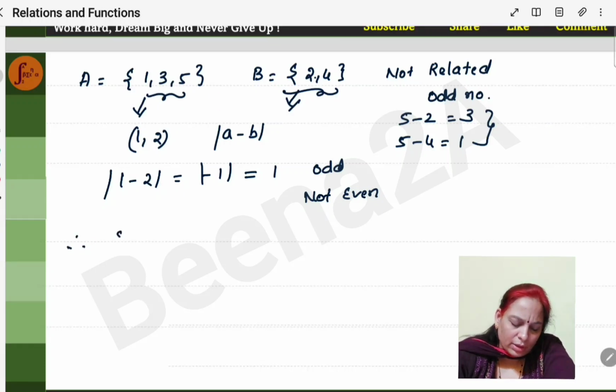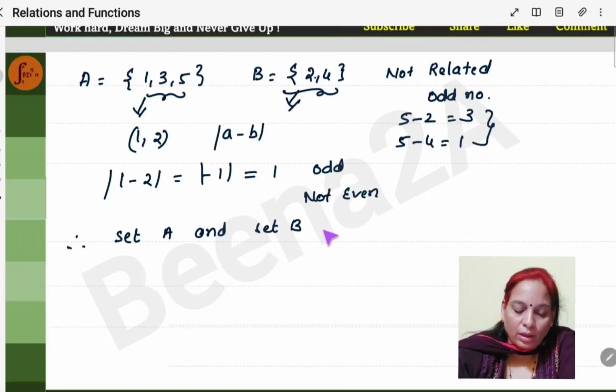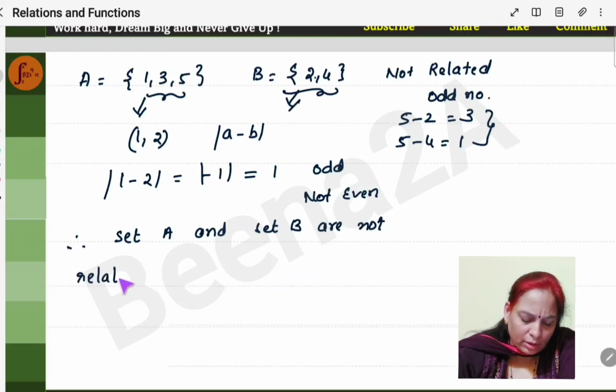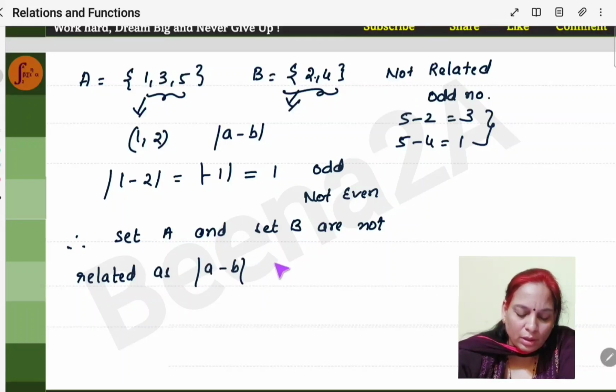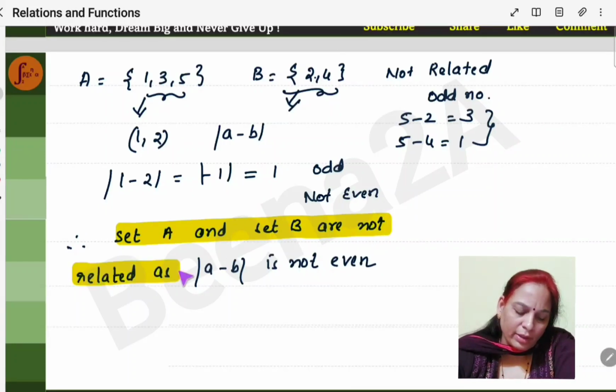Therefore, set A and set B are not related as modulus of A minus B is not even.